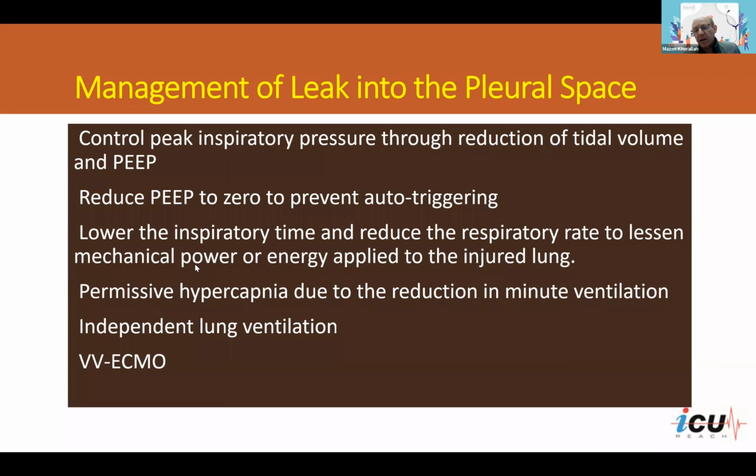If the leak is on the left and ARDS is bilateral, you provide the right lung with adequate PEEP and the left lung with minimal PEEP. This way you can correct the problem. In fact, the first case was managed this way.